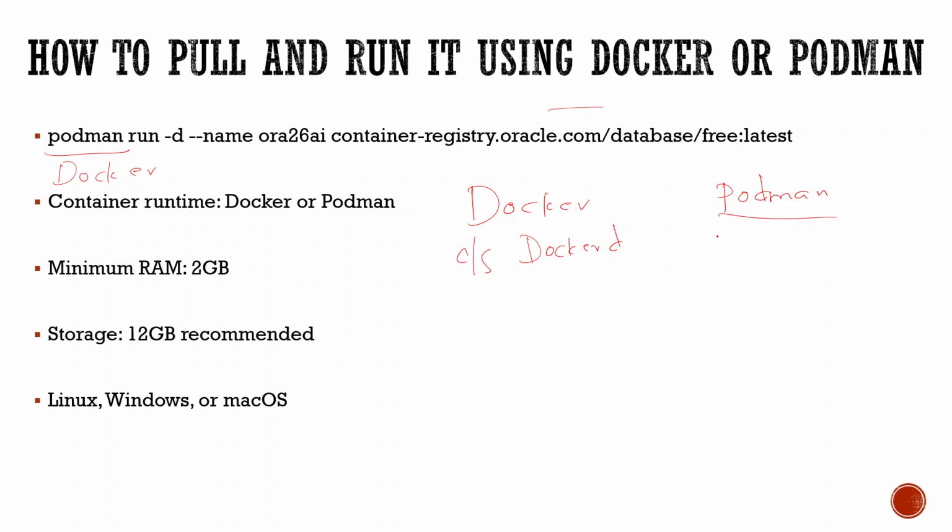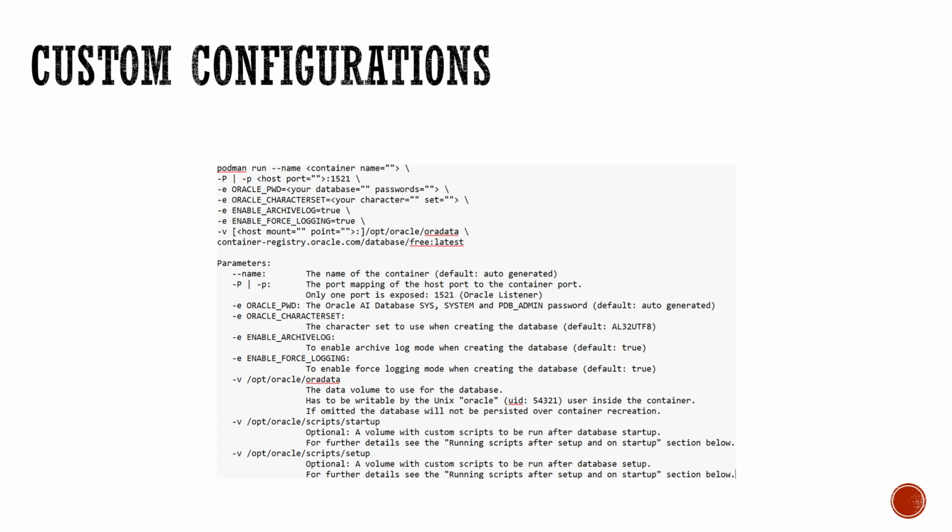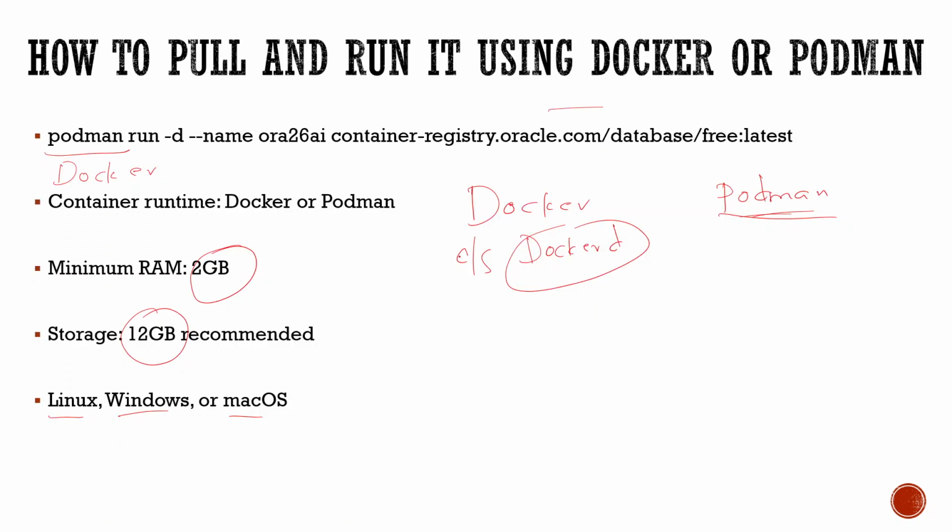Whereas Podman is a daemonless process and does not require any background process like Docker. It just runs without a daemon process, and it is lightweight compared to Docker. You need a minimum of 2 GB of RAM and 12 GB of storage, and as I told, it works on Linux, Windows, or macOS.